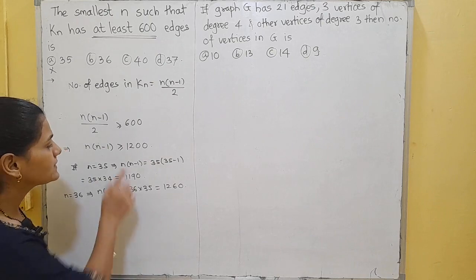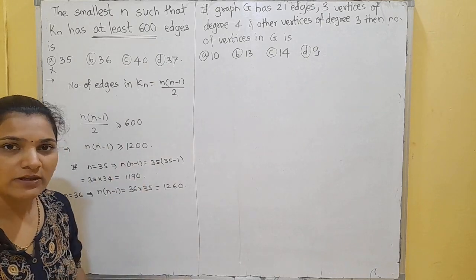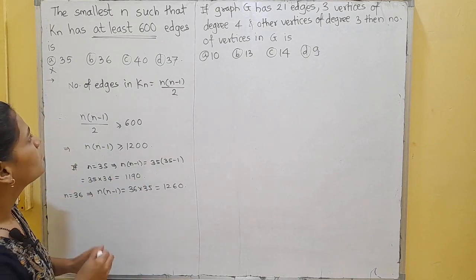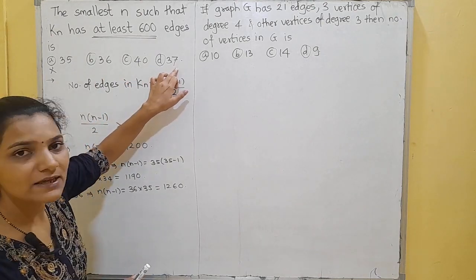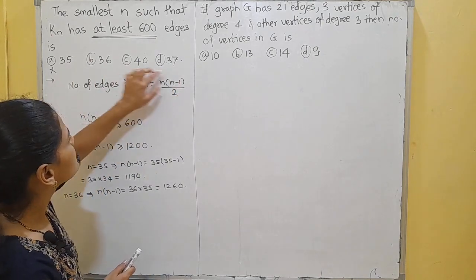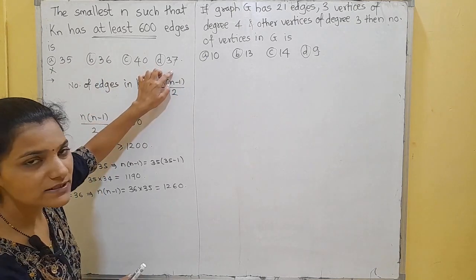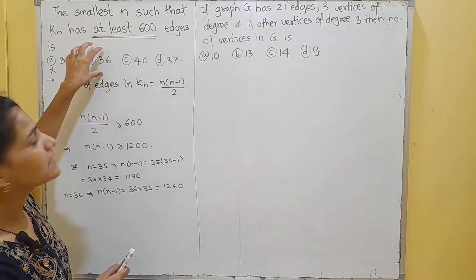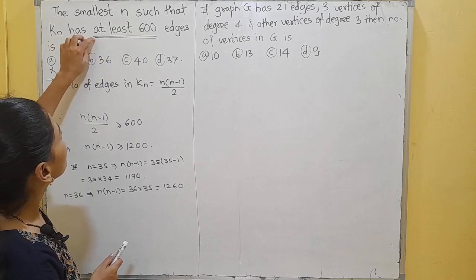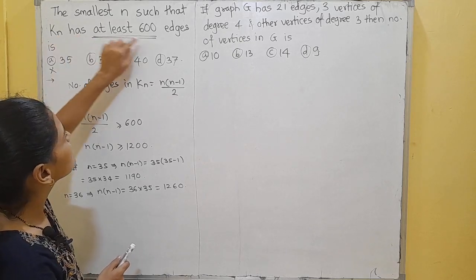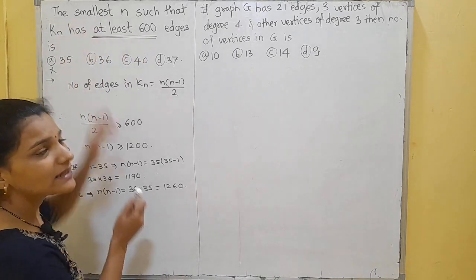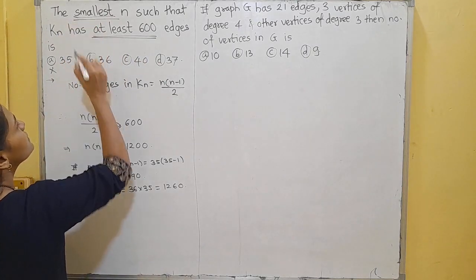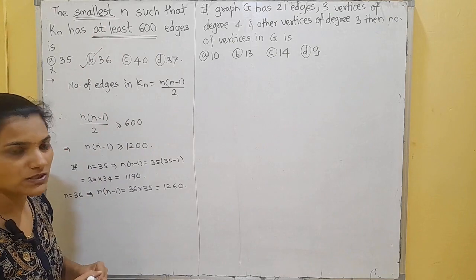Yes, it is, and we want to find the smallest n. Option C is 40 and option D is 37, but out of these three, 36, 40 and 37, 36 is the least, and n should be smallest. So option B is the correct option.